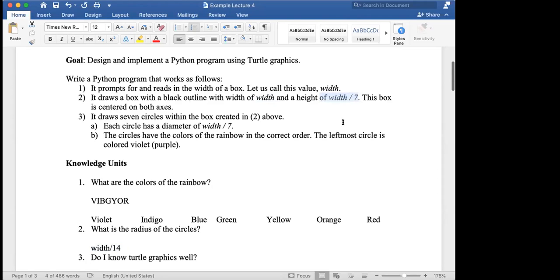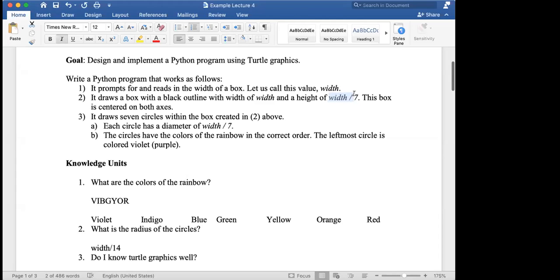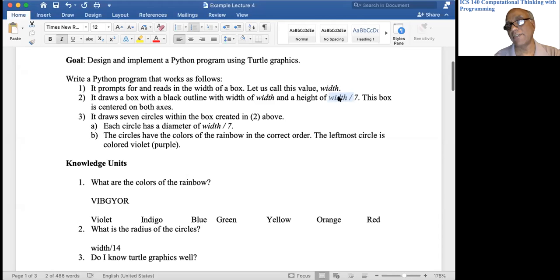So we can do the radius as height divided by 2. Exactly. That's why I said there is a clue here. I wrote this so that the circles would all fit properly within the box. Otherwise, I need not have even specified this. But still you can figure out the radius by dividing this by 7 and then dividing that by 2.